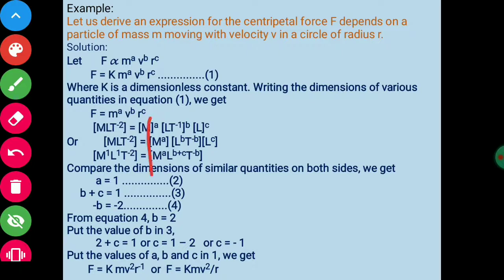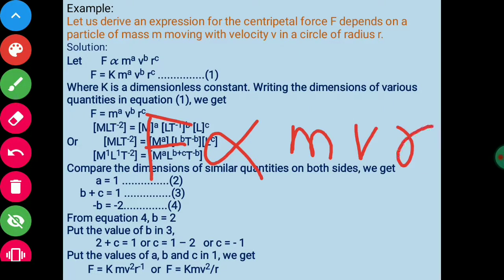Let force F depend on mass, velocity, and radius. Let us assume the dimension of mass is a, the dimension of velocity is b, and the dimension of radius is c.